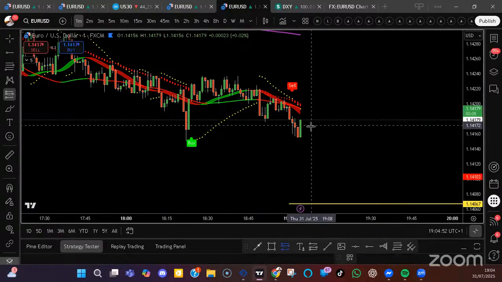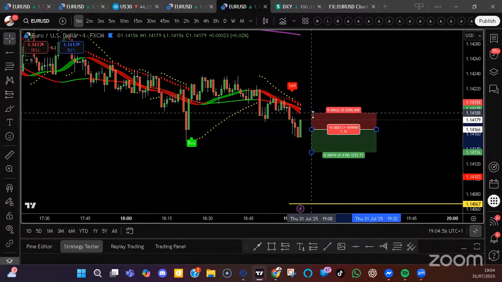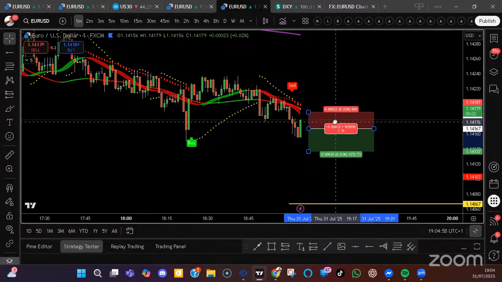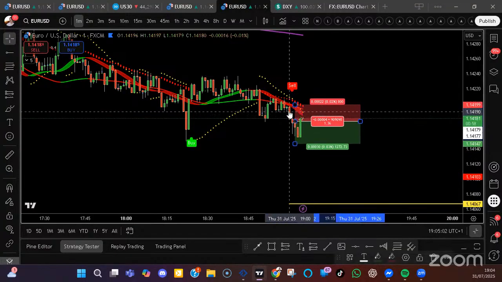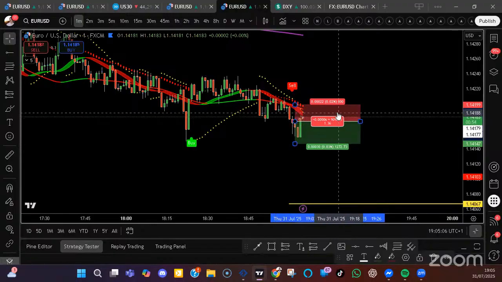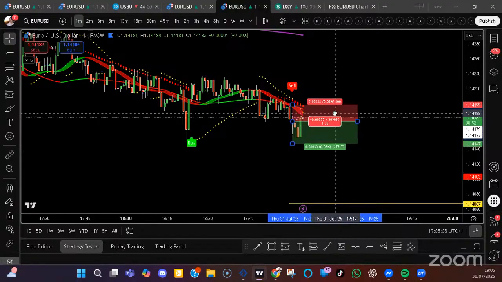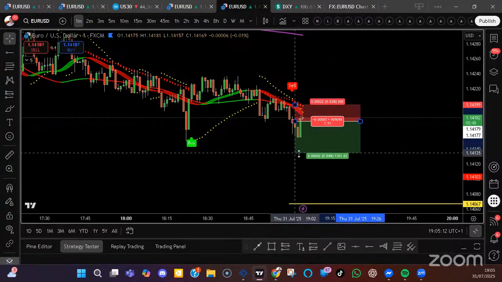Short position, keeping a minimum of 2.2 pips away. You would have got in there because that's where the trend line was. And yeah, you would have got in on that one. And your 2% would have been down here.